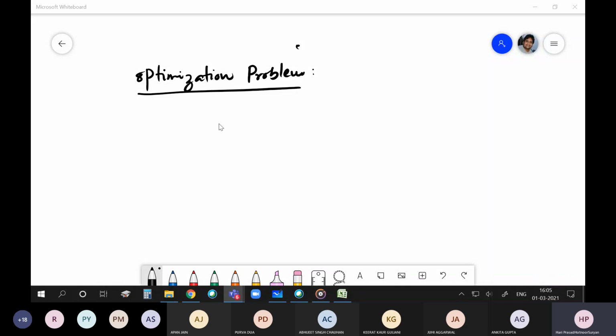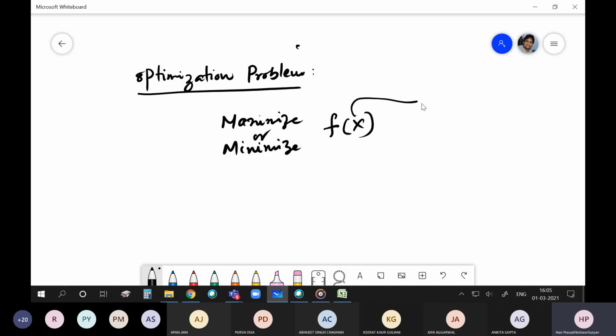So we either maximize or minimize a function f of x, where this x is a vector of variables on which we have to take decisions. So x is a vector of variables x1, x2, ... xn.